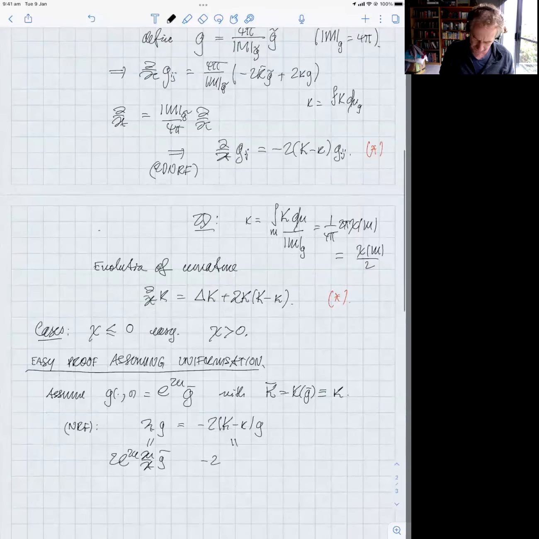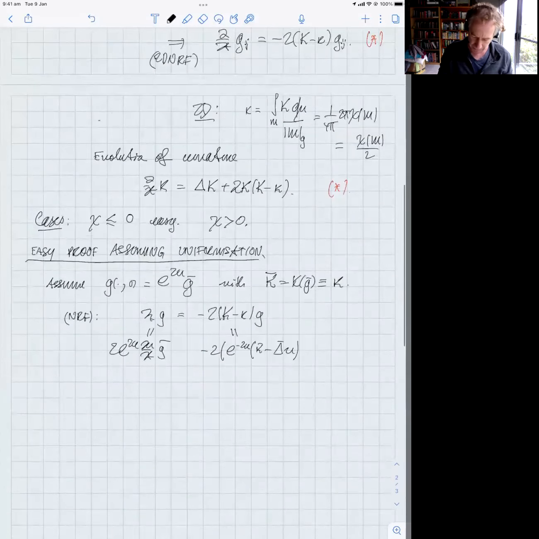So K will be e^{-2u} times (K bar, which is kappa, minus Laplacian of u). Then I get a minus kappa times g, which is e^{2u} g bar.